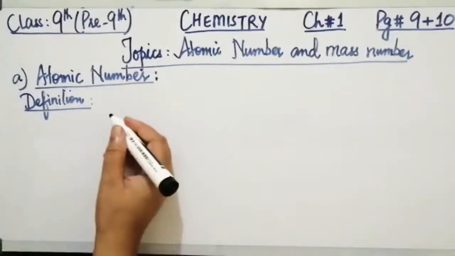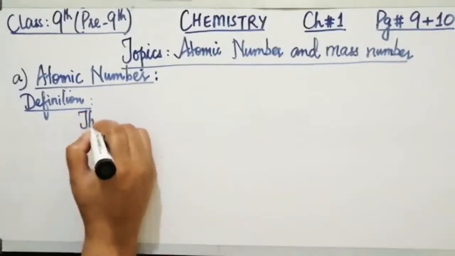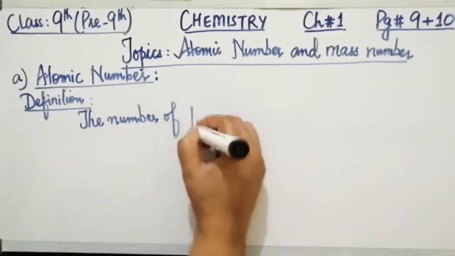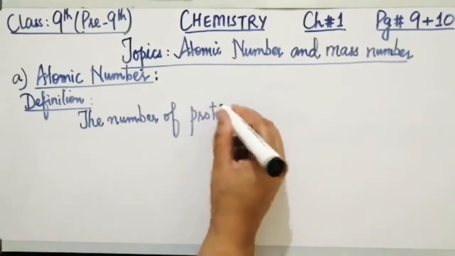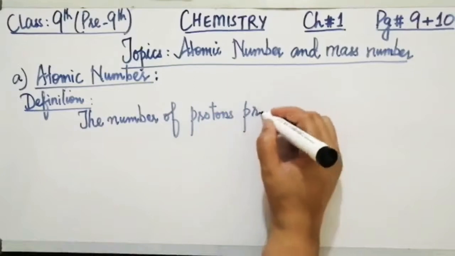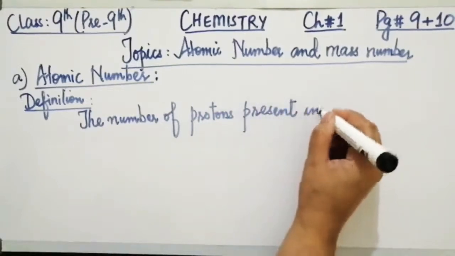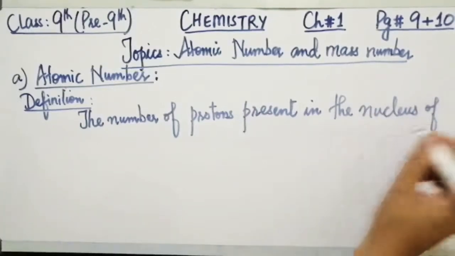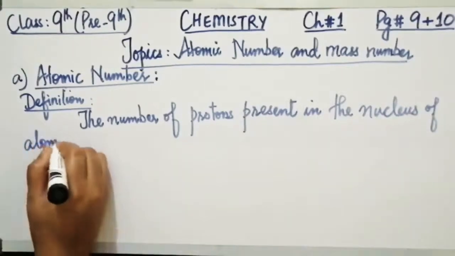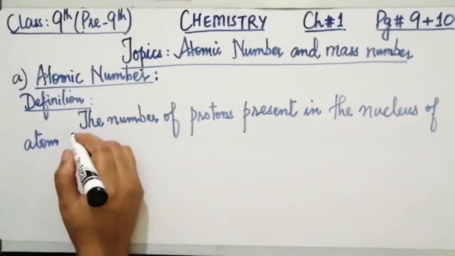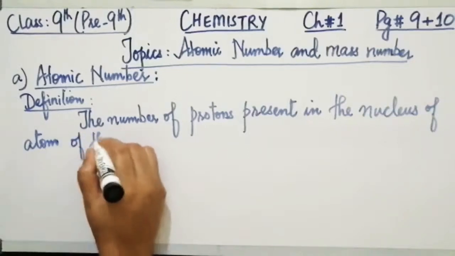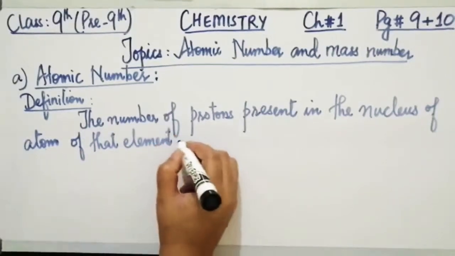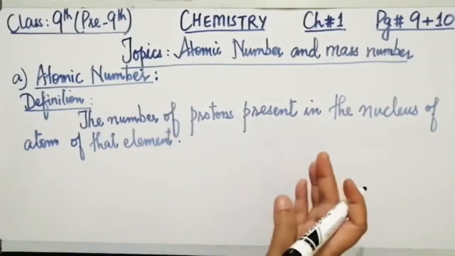The atomic number of an element is actually the number of protons present in the nucleus of atoms, or atom, you can also write, of that element. So you can also define atomic number in this way.